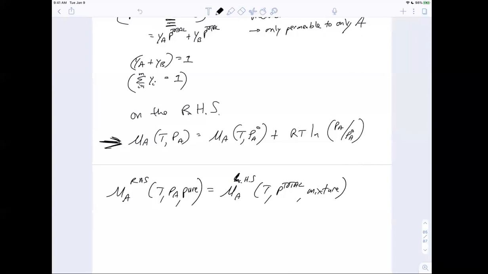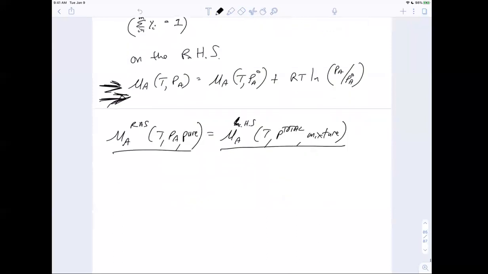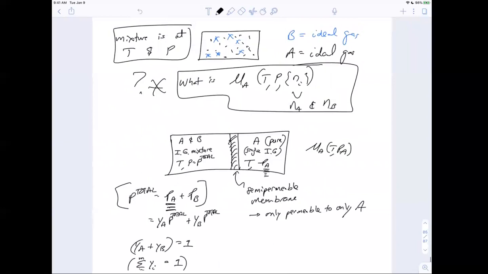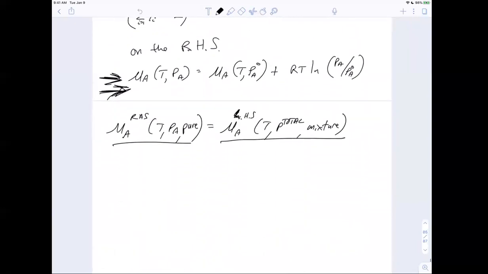So let's see. This is what we want, but we know this one because we just computed right here what it is. So let's just substitute that in. Remember, the question we were after was, what is mu sub A in the mixture? What is mu sub A in the mixture? So let me put mu sub A now at T, P total, which is in the mixture on the left-hand side.